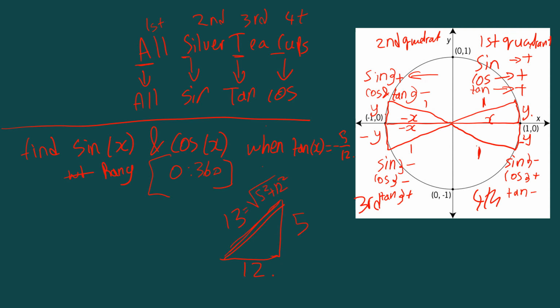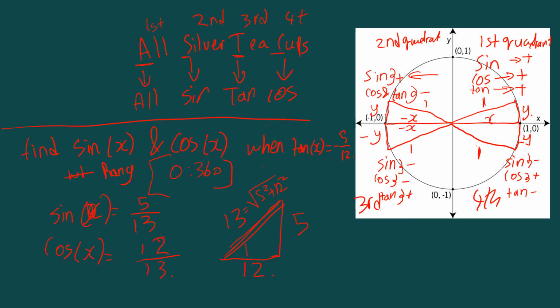And then we have to find sine of x. So sine of x is opposite over hypotenuse, so 5 divided by 13. I'm going to mention the symbols now, just let me write the numbers. So cos of x is basically adjacent over hypotenuse, sorry, 12 divided by 13.